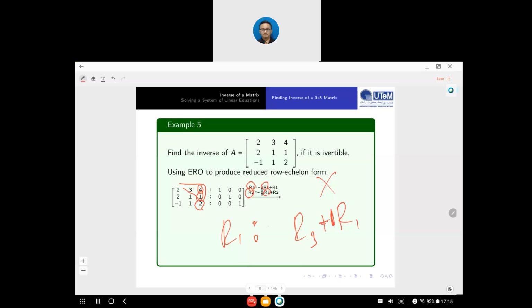You only can change for this one because you want to change row 1. When you want to change row 1, the value at row 1 cannot be changed.